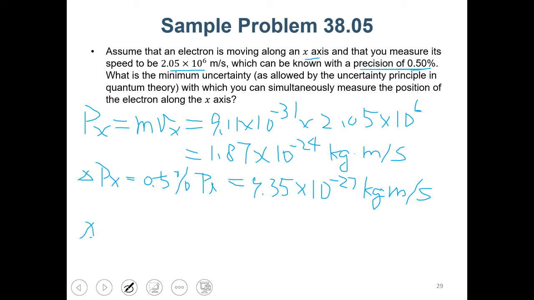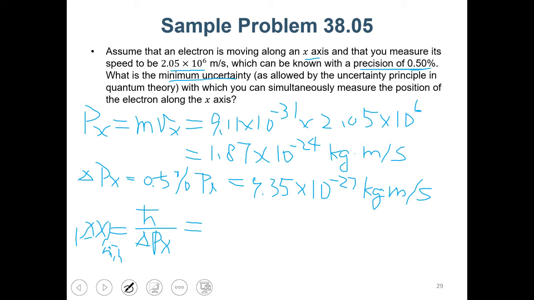So delta x will be h bar over delta px. Or maybe you can write larger or equal to. Although here it asks you the minimum uncertainty, so maybe you can write min here, or just leave it as delta x, I think.